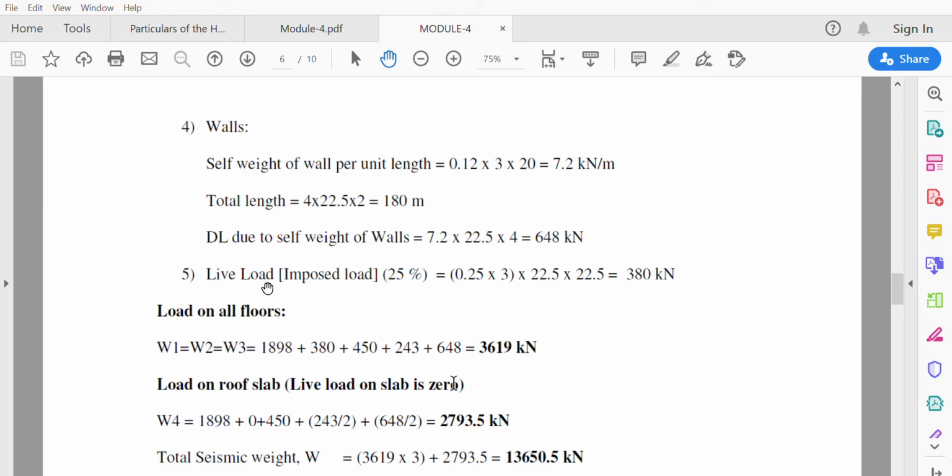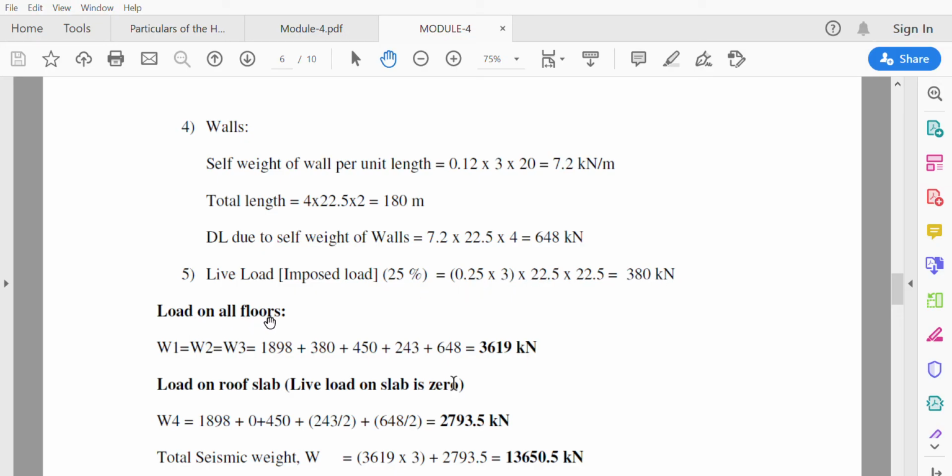For live load we should take 25% up to and including live load of 3 kilonewton. It is mentioned in IS 1893. So it is 0.25 into 3 multiplied by the area of the floor, it is 380 kilonewton.